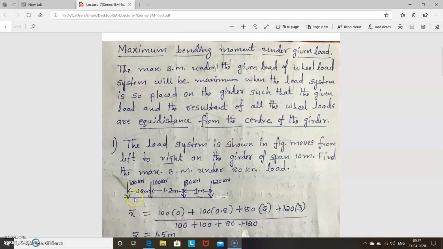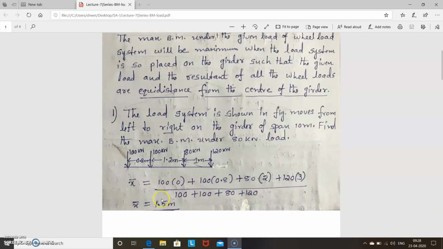X bar is equal to 100 into 0, plus 100 into 0.8, plus 80 into 1.2 plus 0.8, that is 2, plus 120 into 2 plus 1, that is 3, divided by total loads, 100 plus 100 plus 80 plus 120. So you get x bar is equal to 1.5 meter. Means the resultant lies at a distance of 1.5 meter from this first load.